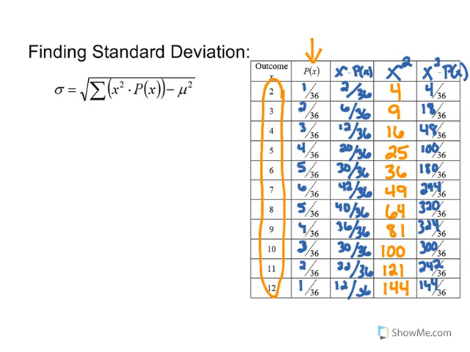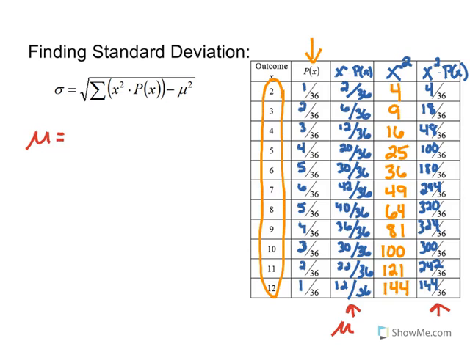So what do we need? We need the sum of the numbers in the final column here, and we need the sum of the numbers in the x times p of x. The sum of x times p of x is our mu, and we had found that before. That was 252 over 36.